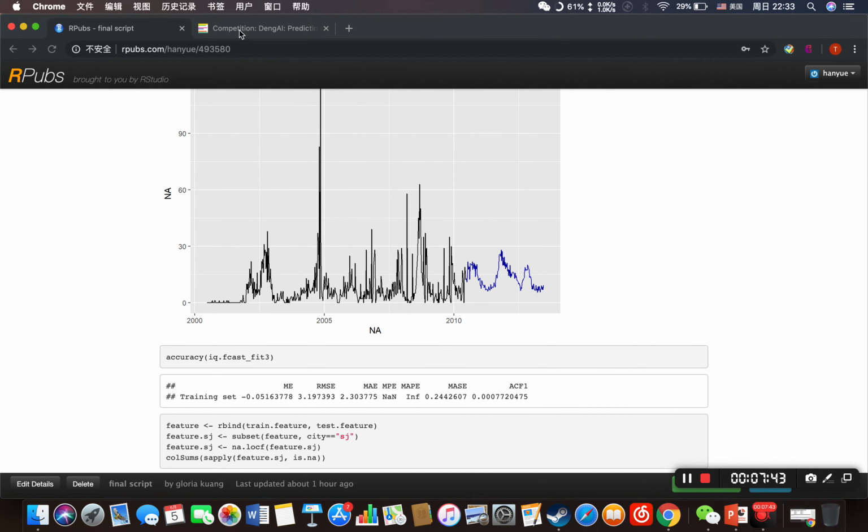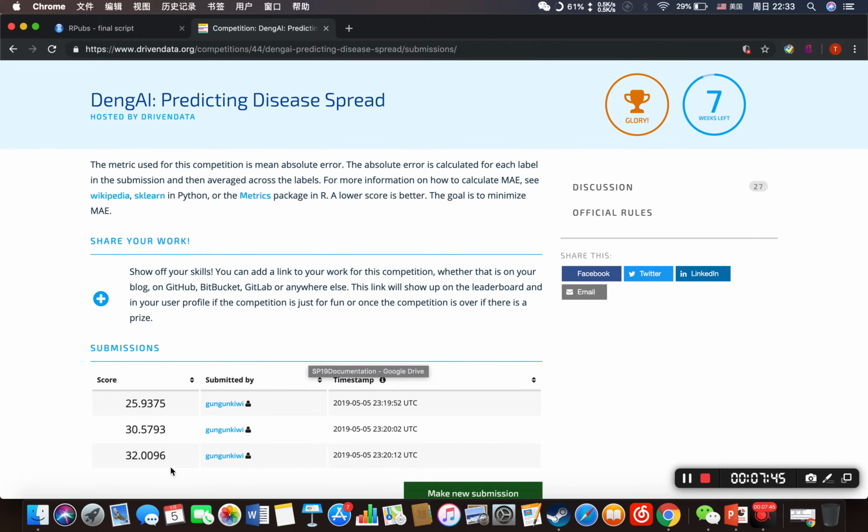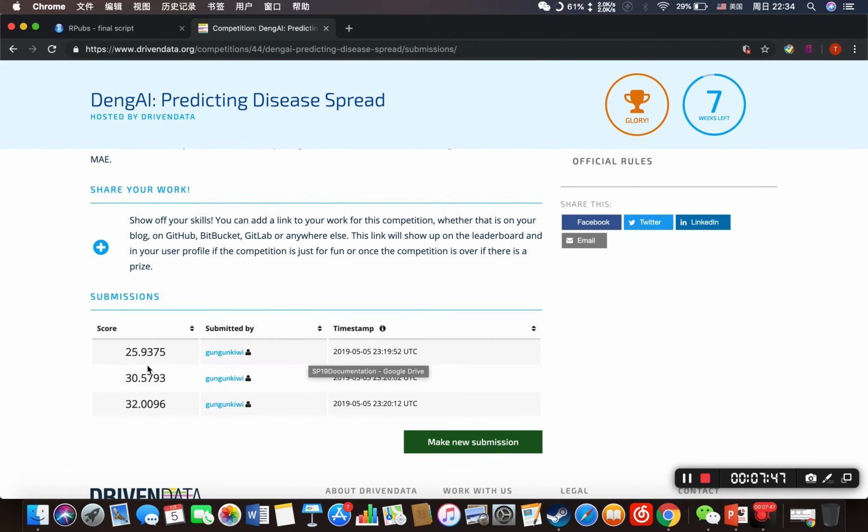And let's see my submission scores. So 25, about 26, is for the TSLM model, and it has the greatest score. And 30 is for the ARIMA model, and 32 is for the neural network.